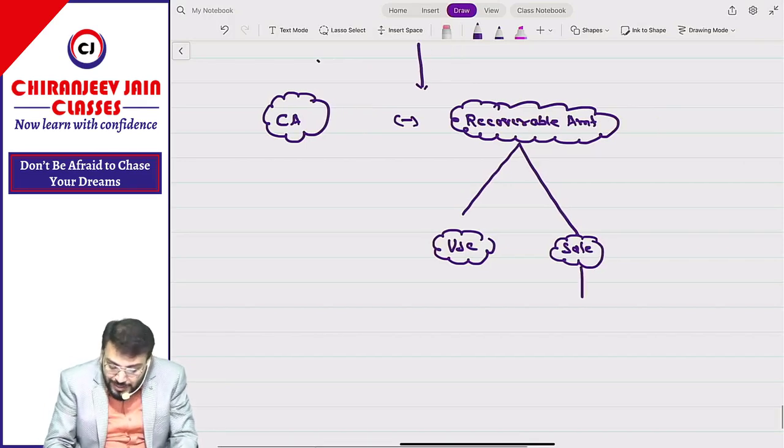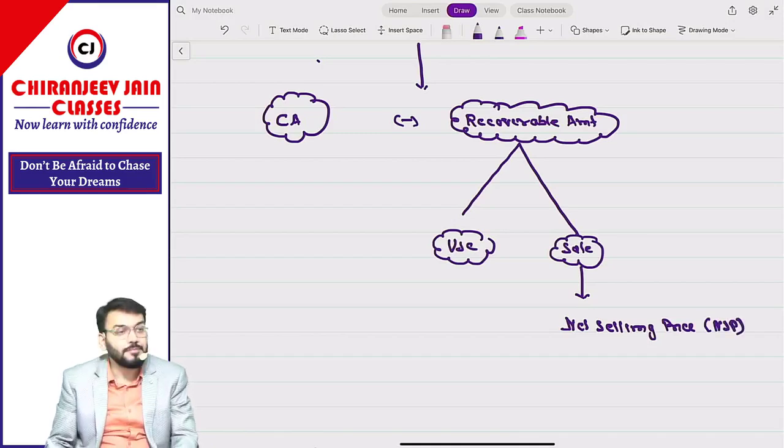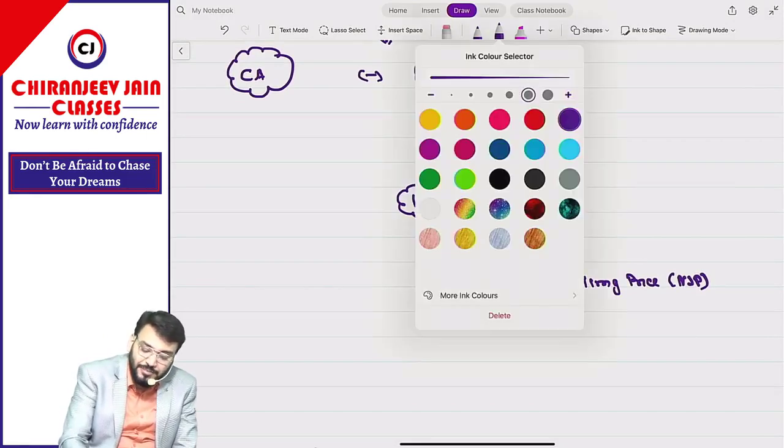So what AS28 says is that we need to estimate the net selling price. We call it NSP. Net selling price. So what do you mean by net selling price?